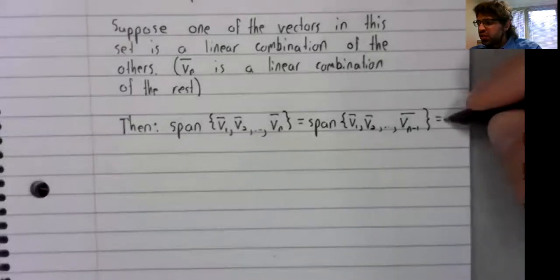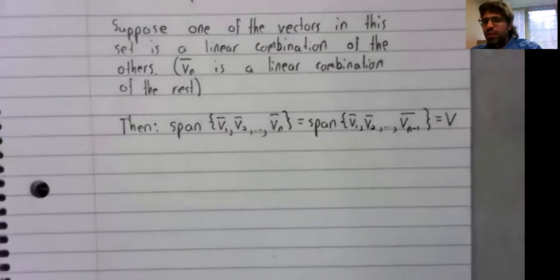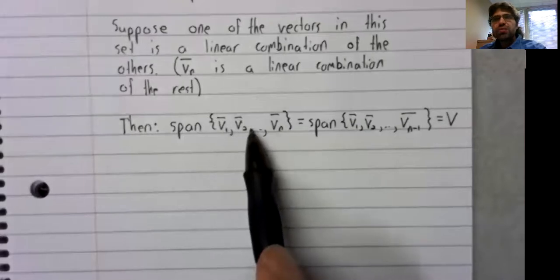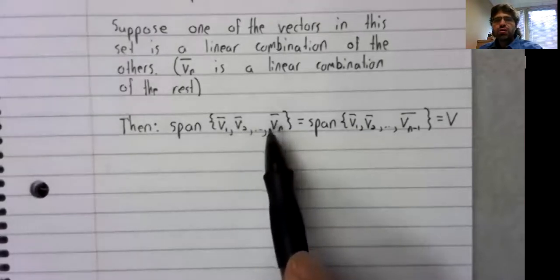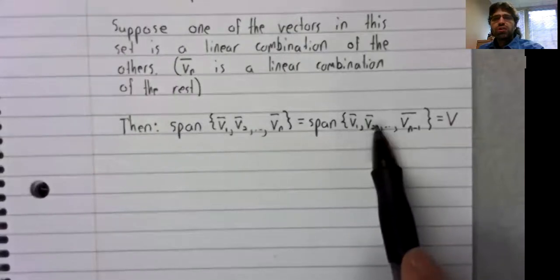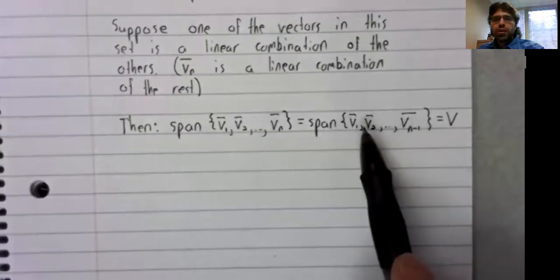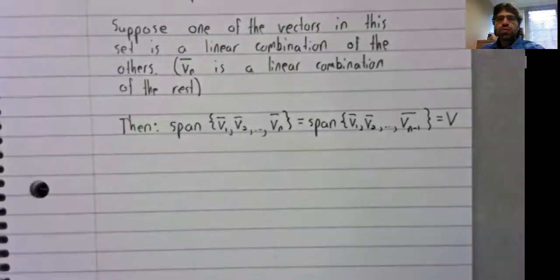So in particular, the vector space V, which is the span of these n vectors, is also the span of these n minus 1 vectors.